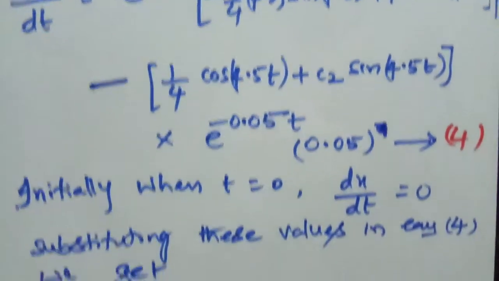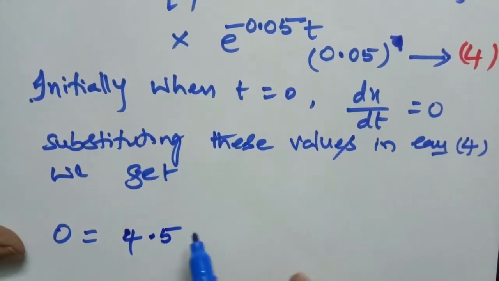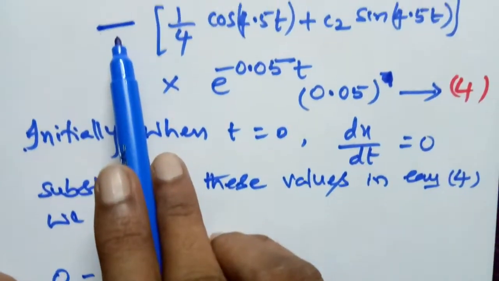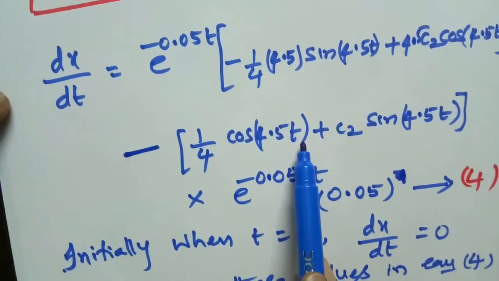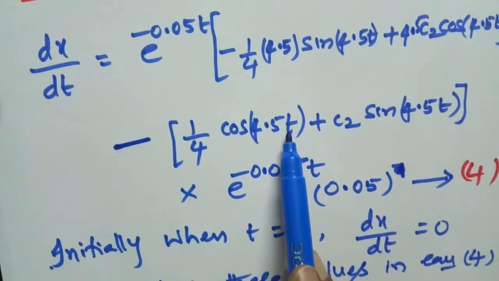Therefore, this is 4.5 into c2 minus 1 by 4 into cos 4.5t, that is cos of 0 since t equal to 0.